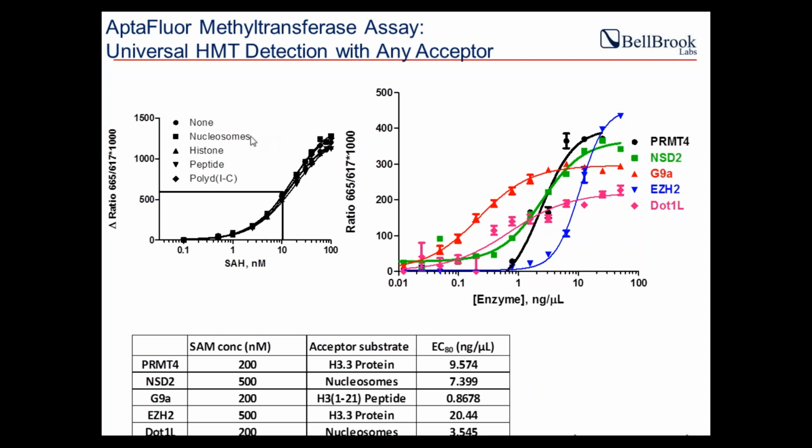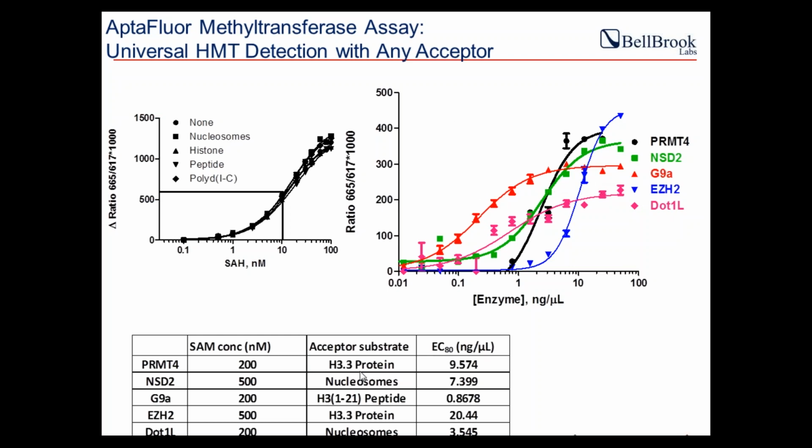The only thing that I would like to mention here is if you're running it with nucleosomes or histone, we do suggest that it is important that you stop and quench the reaction, so you break down the histone and then add the detection reagents. So that's important when it comes to these two substrates. If it's peptide or poly-dIdC, you can run it in real time. We have not seen any problems with that. So you don't need a stop reagent in that case.